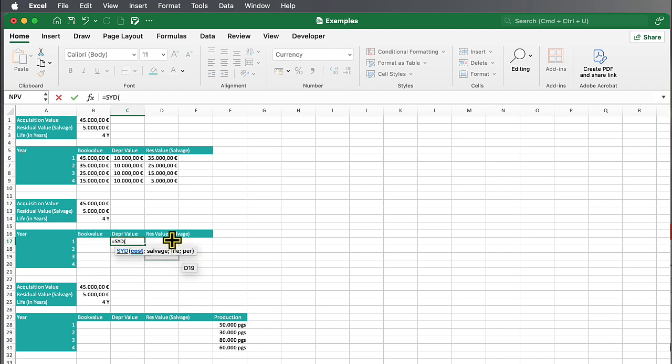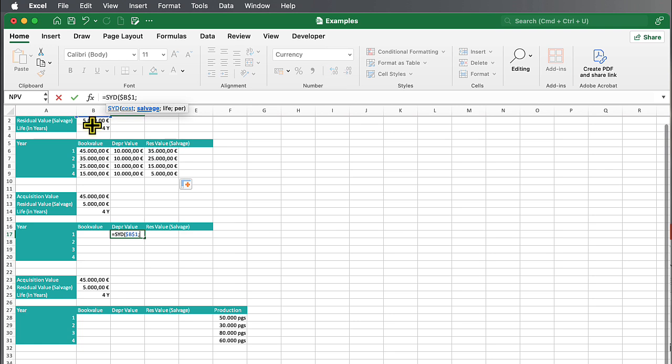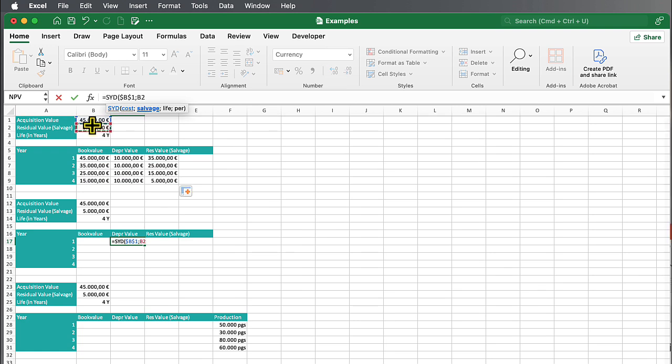So again, we have our cost, which is 45,000 at the very beginning. We have our salvage, which is the end value. Again, we enter the dollars. We do have a lifespan. Again, the dollars. So up to here, everything is the same.